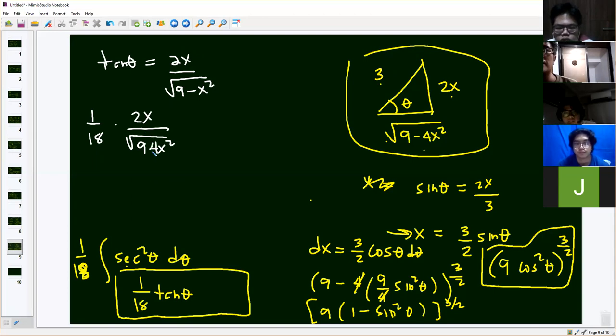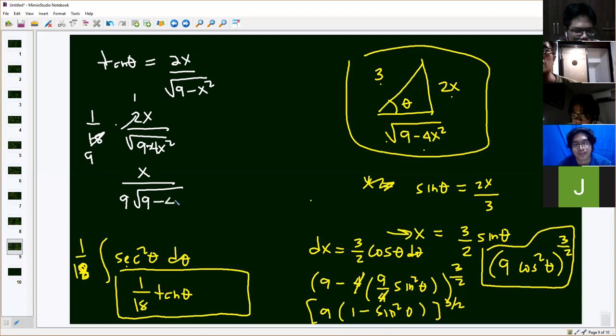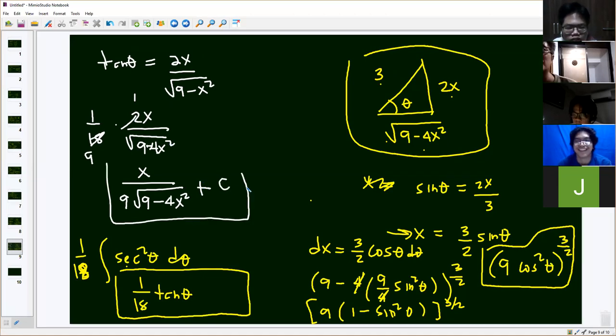Then, simplify. So, magiging x over 9 square root of 9 minus 4x squared plus C. Ayan, plus C.